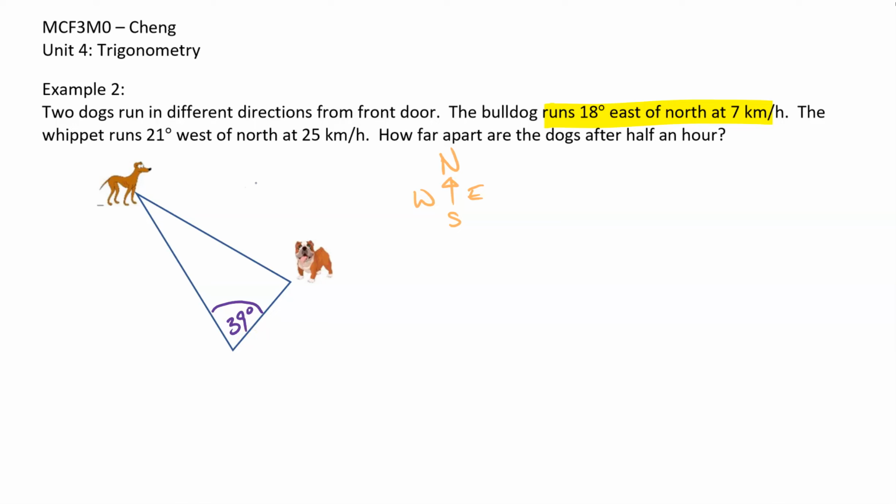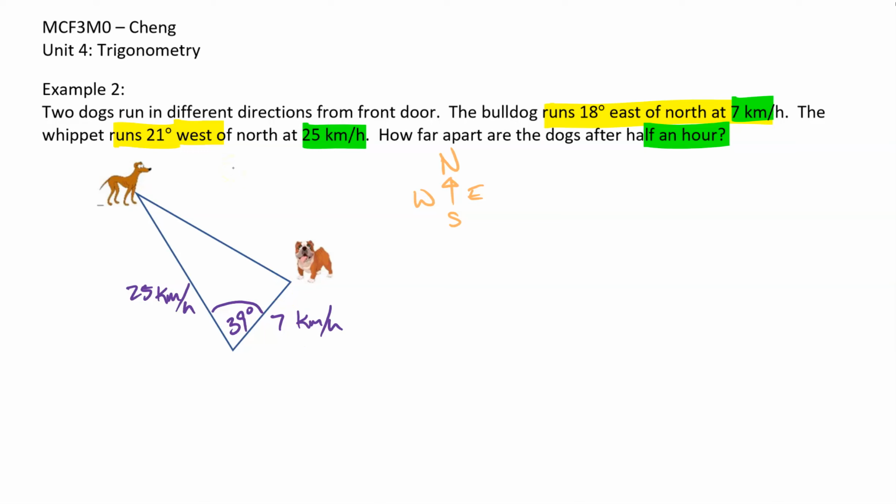Okay? The next thing we're going to talk about is, okay, we've got an angle, 39 degrees. What else do we know about these two dogs? Well, I gave you the speeds. Their speeds are given here, 7 kilometers and 25 kilometers, and they go for half an hour. If I write their speed as 7 kilometers per hour here, and this is 25 kilometers per hour, these are my side lengths as speeds, and if my side lengths are speed, guess what my third side length is going to be?